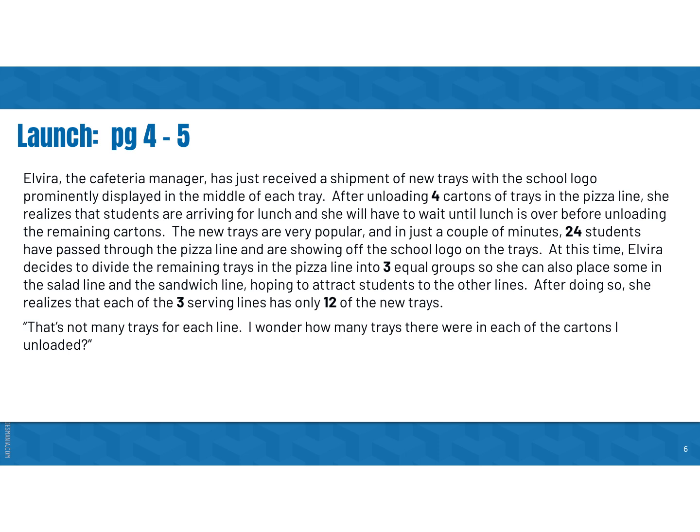All right, so she has 12 trays in 3 lines. And then there must have been 36 trays before Elvira divided them up. So that's 36 trays. Right?